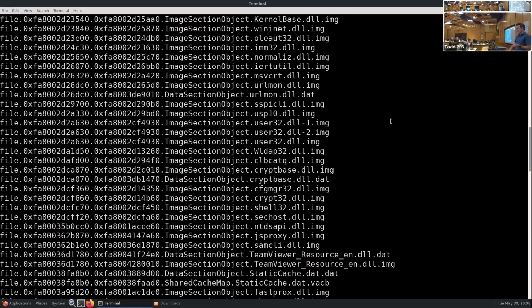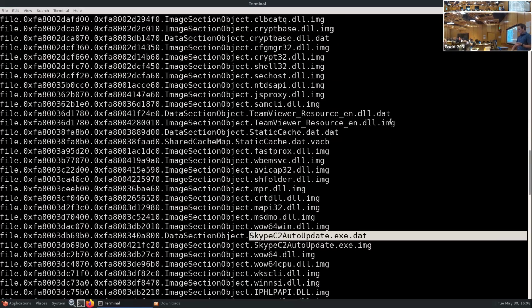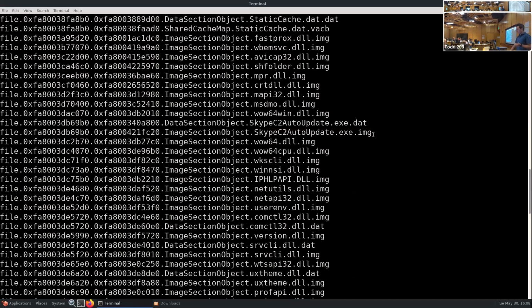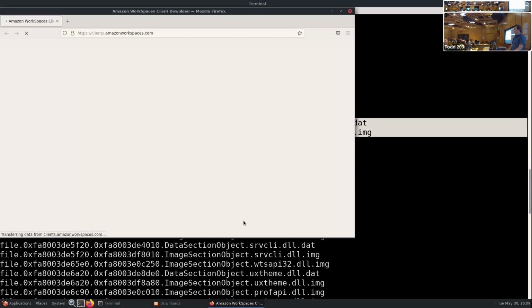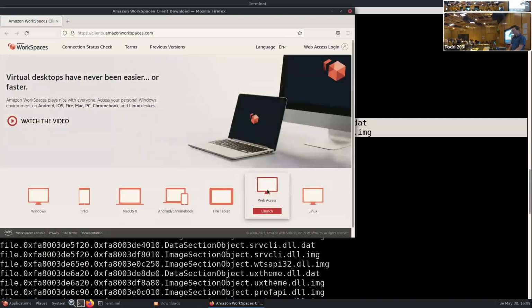Most of these are going to be DLLs. What we want to take a look at is this file right here, either one of these EXEs, either the exe.dat or the exe image. Once we've gotten this file, we can pull up Firefox and go to VirusTotal, the website I was mentioning earlier.